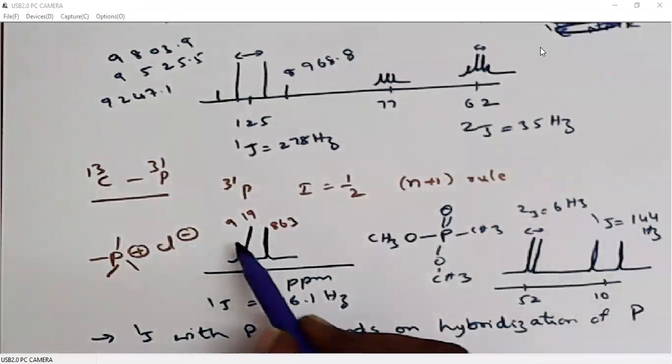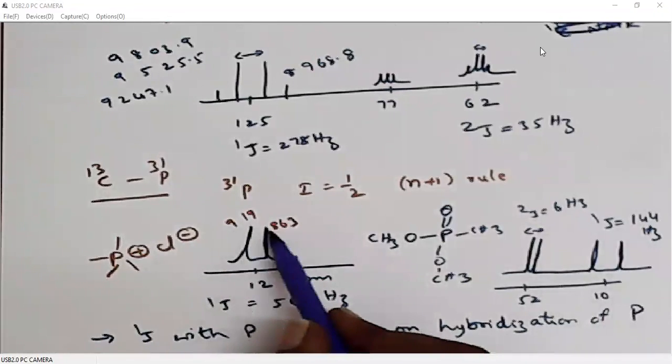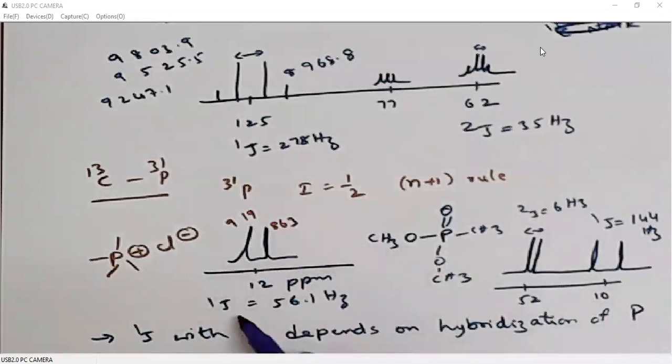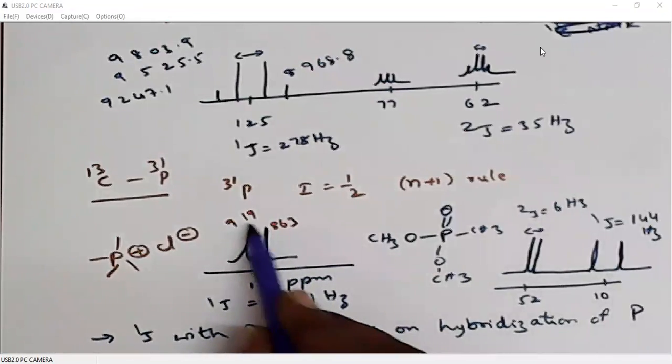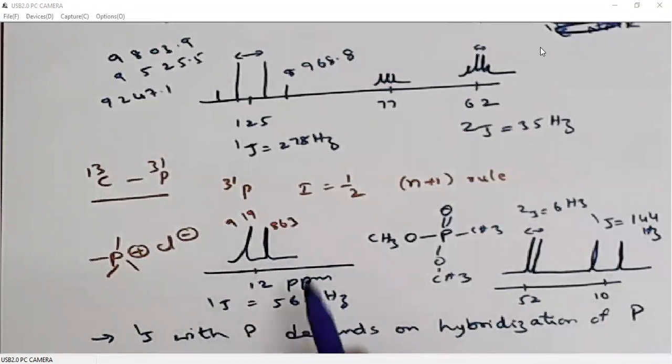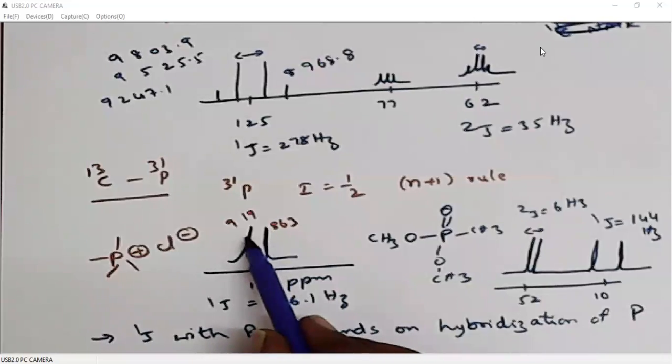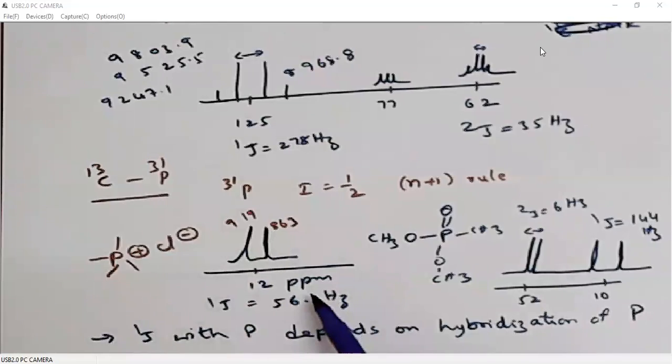When we are given frequencies, then in order to find out the J value, you just take the difference between these two peaks. Okay, just take the difference between these two peaks, that will give the coupling constant in hertz directly. But if we are given delta values for this peak and this peak, we need to take the difference in delta value multiplied by instrument frequency.